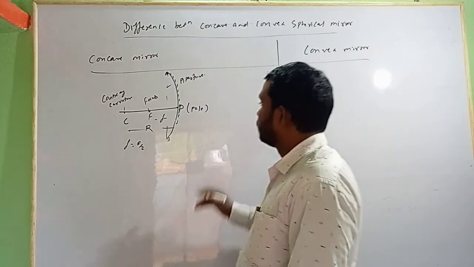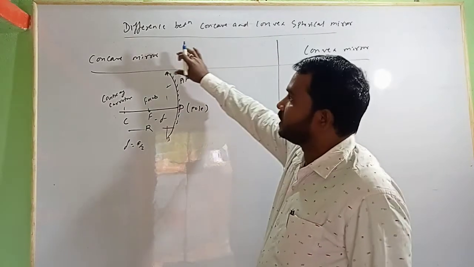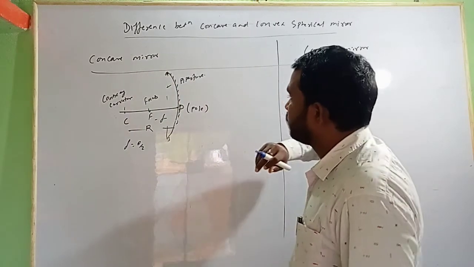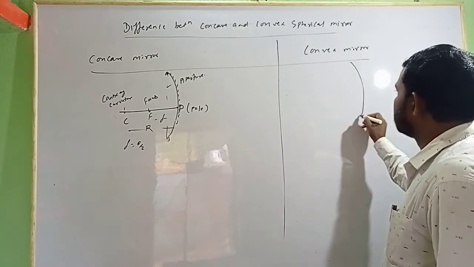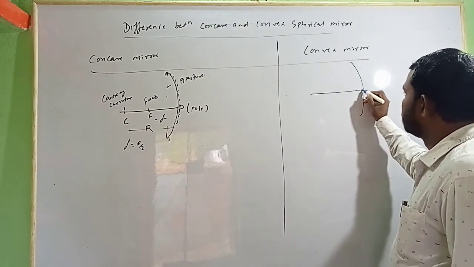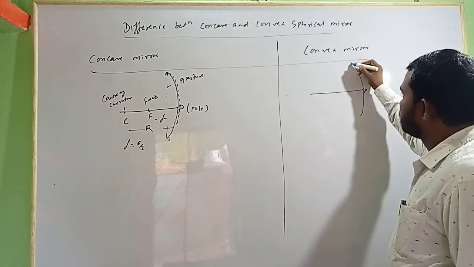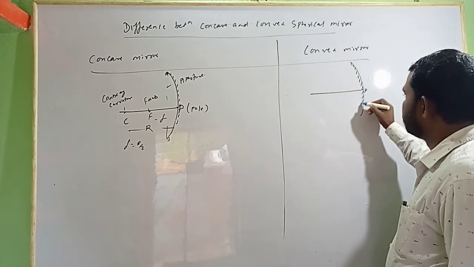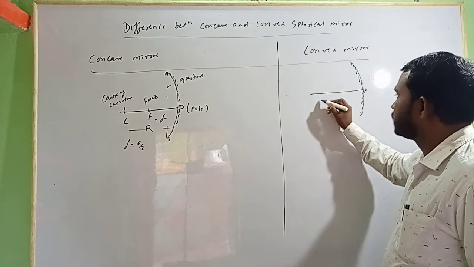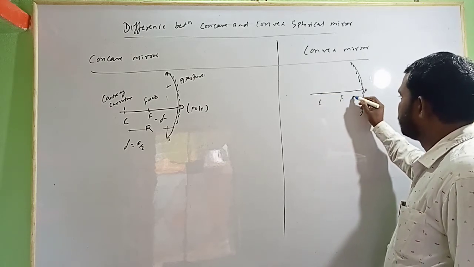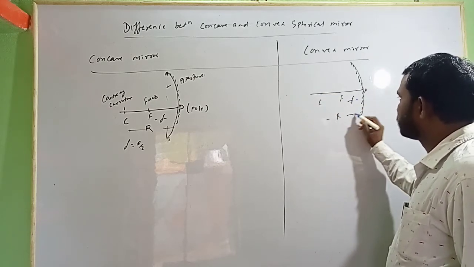Now we have the basic difference. What is the concave and convex? Now if you draw the convex, this is the convex, but the color will be inside, towards the focus and the center of curvature. This will be the focal length, and this will be the radius of curvature.